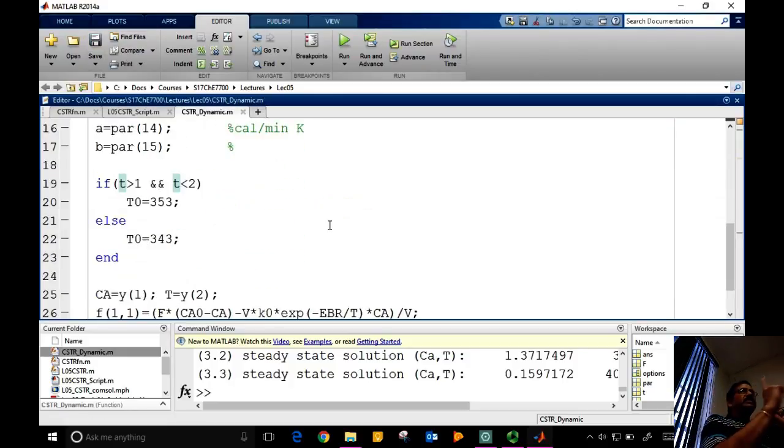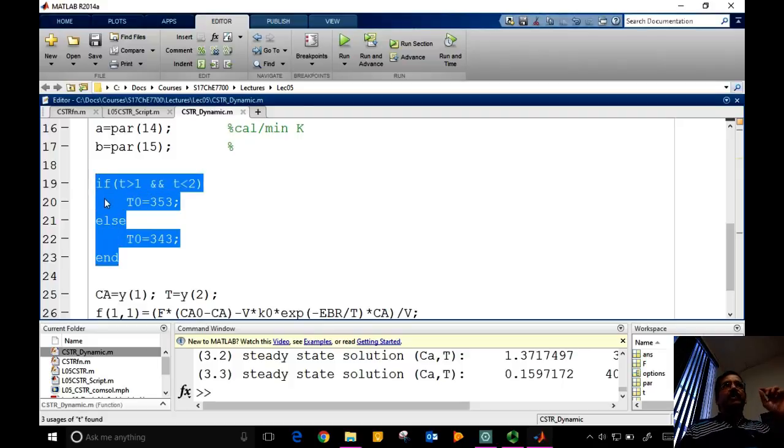That is, between t of 1 and 2, I'm perturbing the system. I'm increasing the temperature from 343 to 353, and then after 2 seconds, I'm bringing it back to 343. Do you understand what's happening in lines 19 to 23? Yeah? So I'm just perturbing the system and bringing it back to see whether each one of the steady states is going to go back after responding to the perturbation, or is it going to go away to somewhere else.